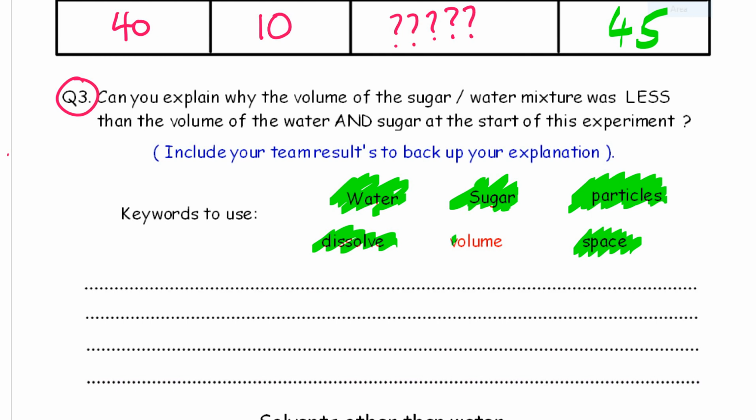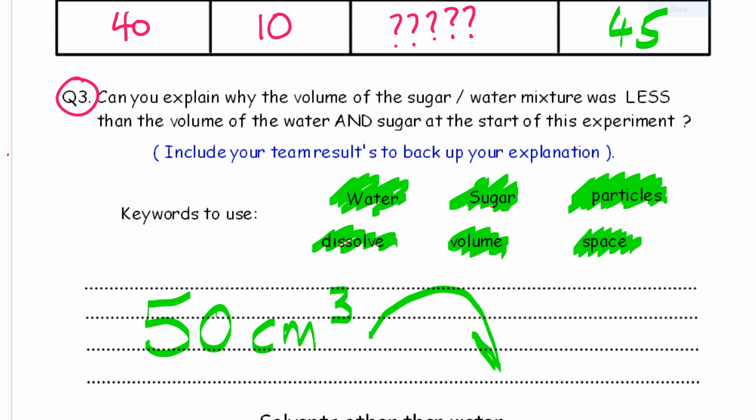So the volume drops from a total of 50 centimetres cubed down to 45 centimetres cubed.